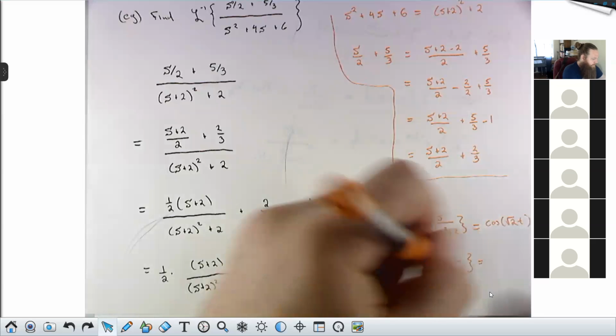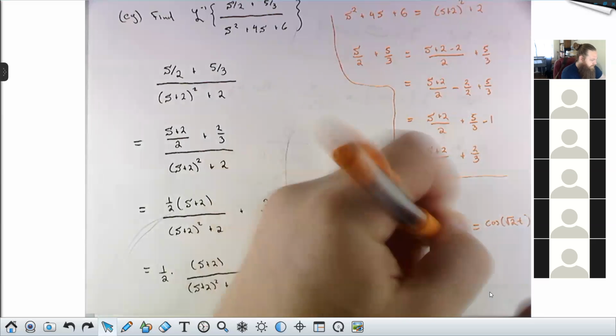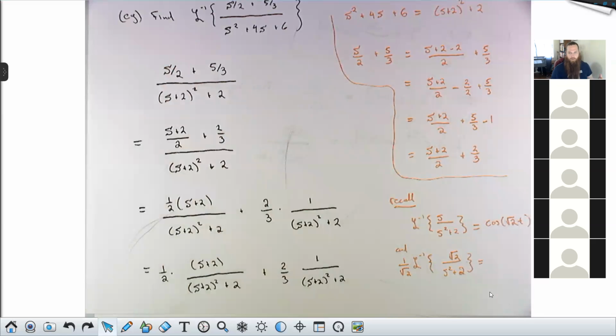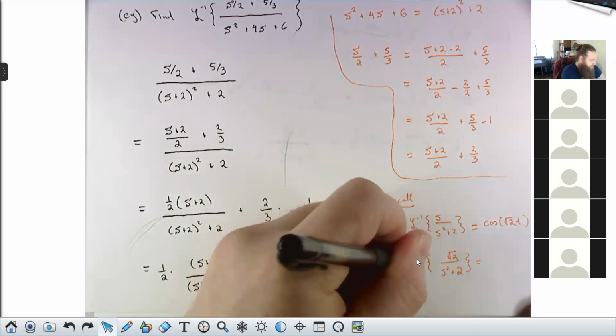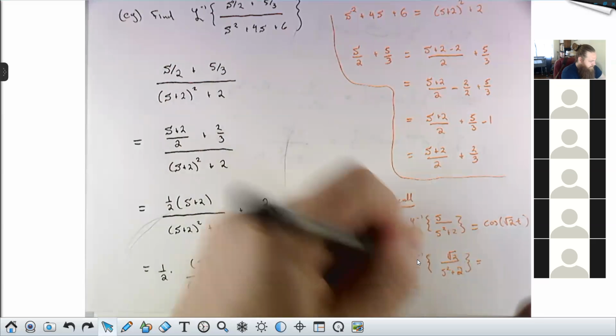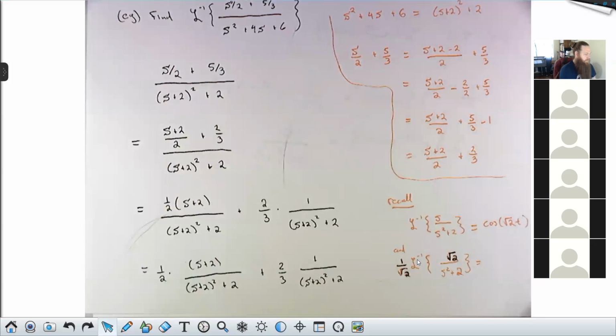Very good. The way we get around this is by sticking a 1 over root 2 out here and a root 2 here, multiply and divide by root 2. So now this is like k over s squared plus k squared. And this is, let me do that in a different color so we can see which parts come from where. Okay, so the black terms here cancel, right?